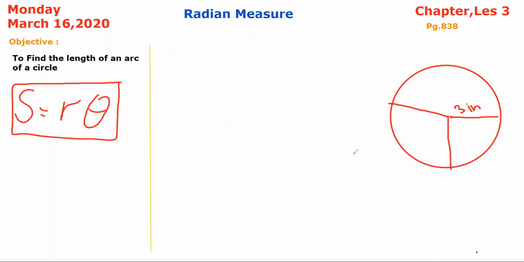Here you have 5 pi over 6. Here you have 2 pi over 3. Here we name it S, here B, and here W.